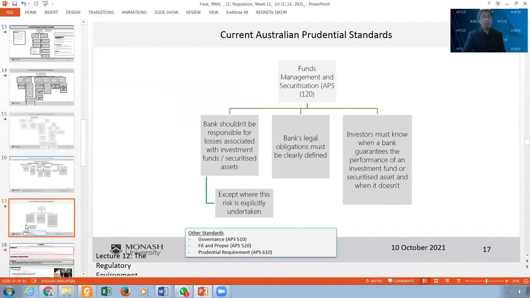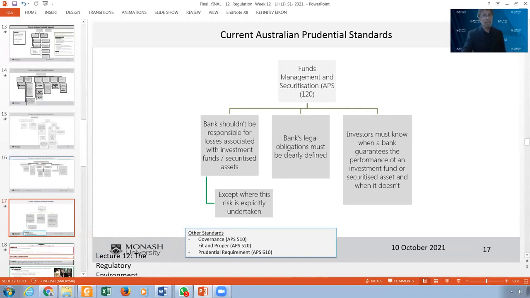We have also 120. 120 is related to management and securitization. It has to be clear that when banks issue and have a special purpose vehicle and they sell the loans, they are not responsible for it, unless it's exceptional. People start to buy those securities from a special purpose vehicle and they think it's the bank.